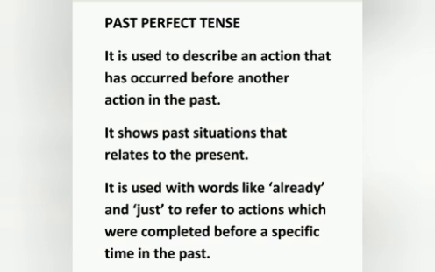It shows past situations that relate to the present. It is used with words like already and just to refer to actions which were completed before a specific time in the past.